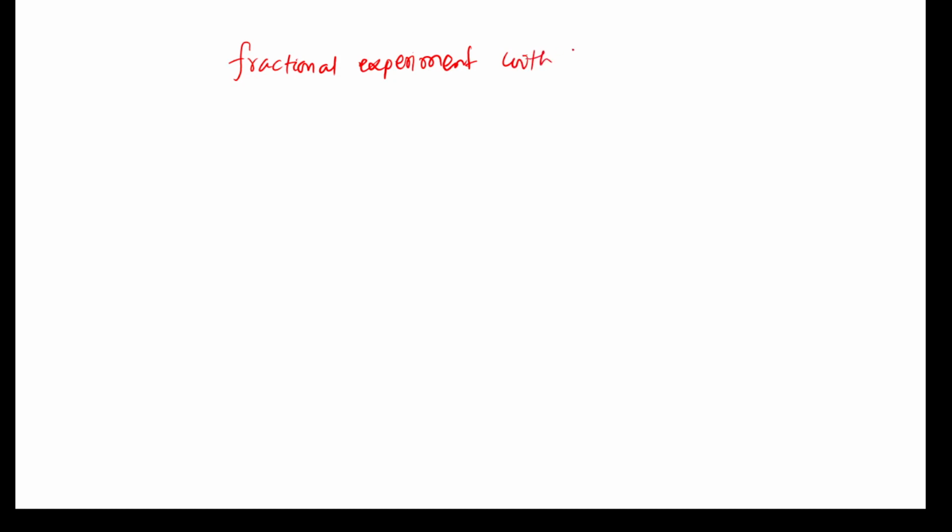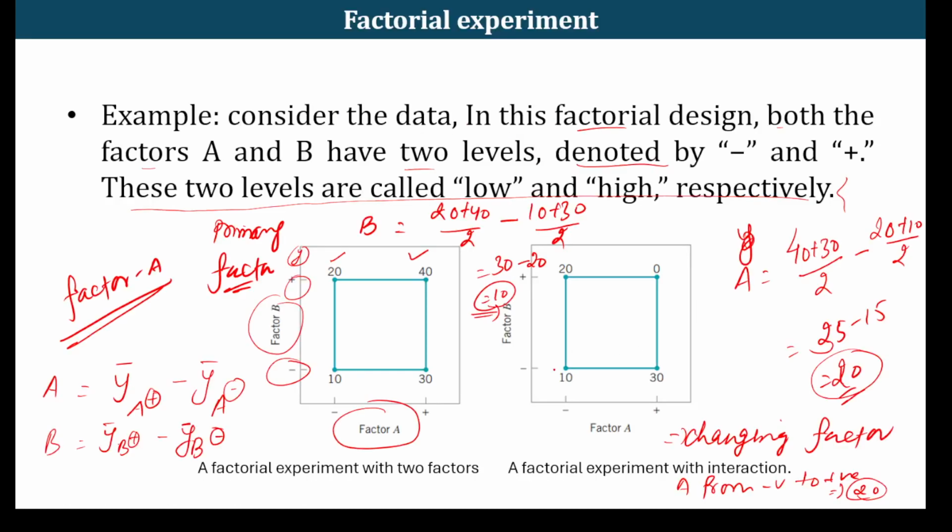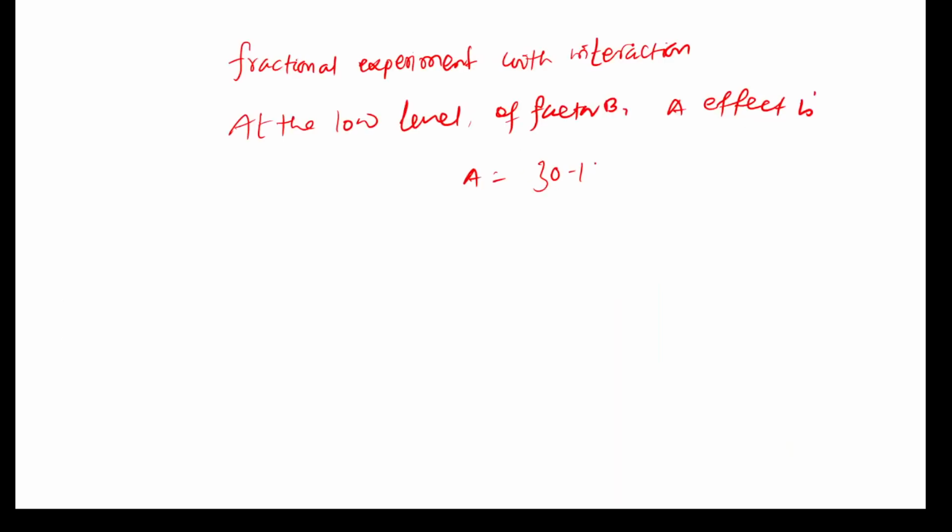At the low level of factor B, how much is the A effect? 10 minus 30, or either 30 minus 10, that will be 20.